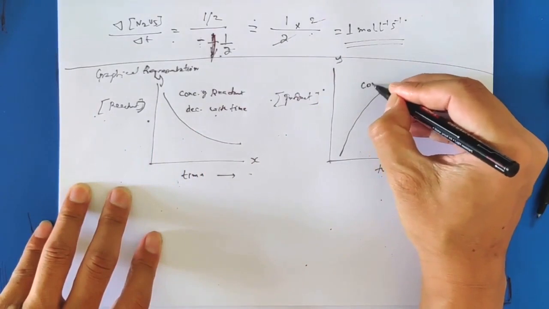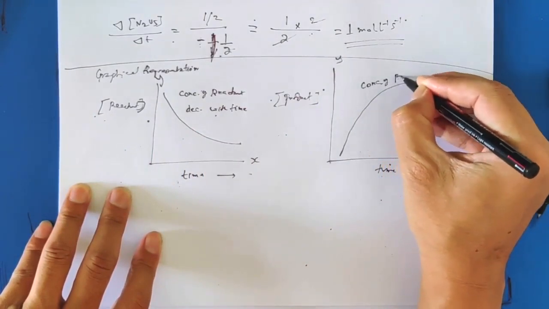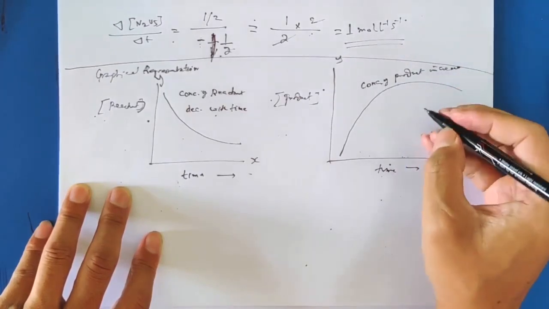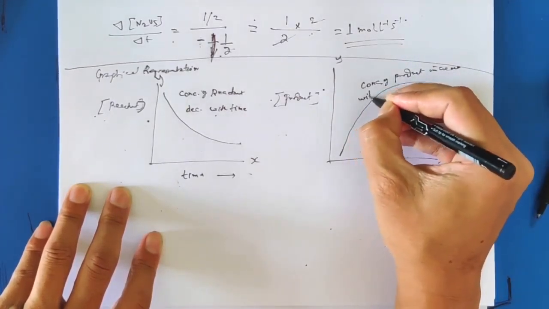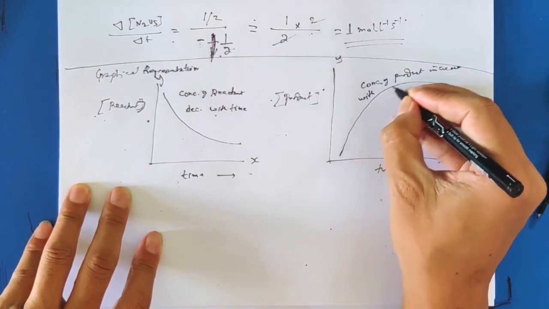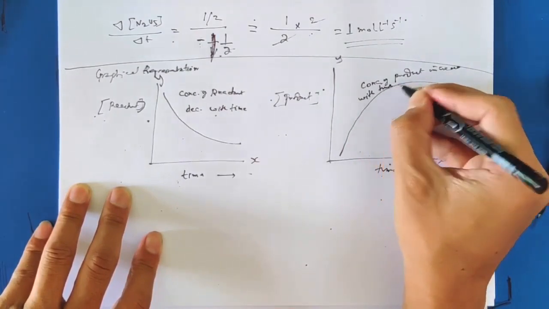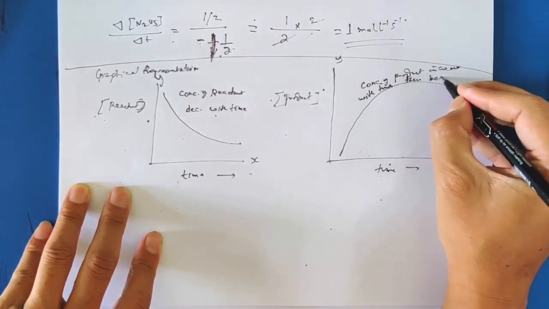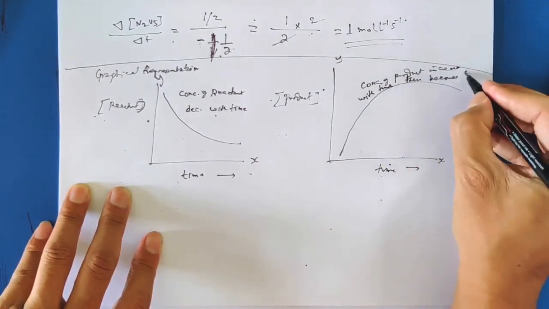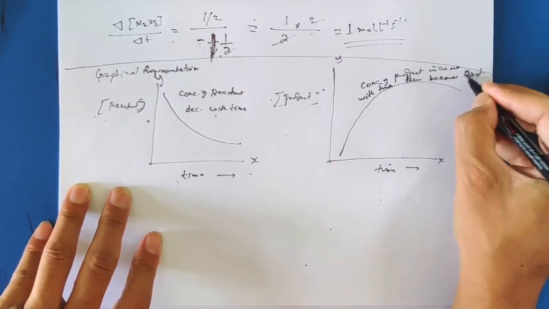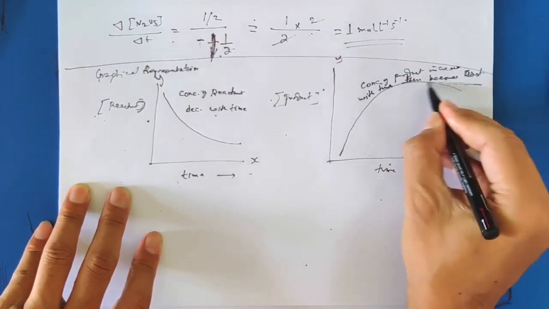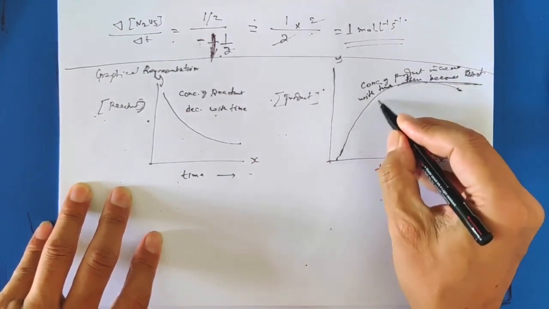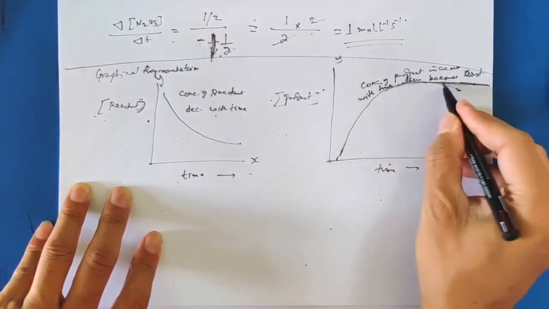The concentration of product increases with time for some time, then becomes constant. A straight line here or not? It increases with time for some time, then is constant.